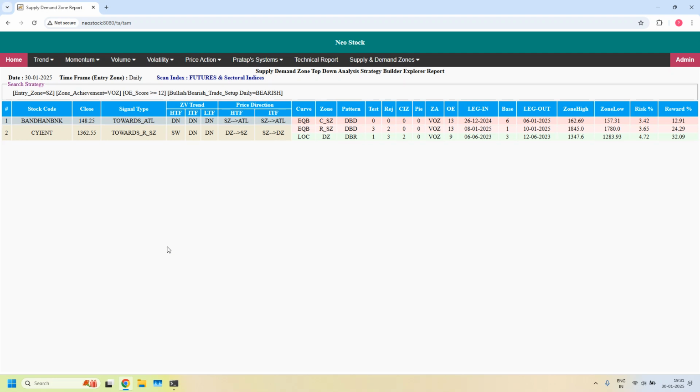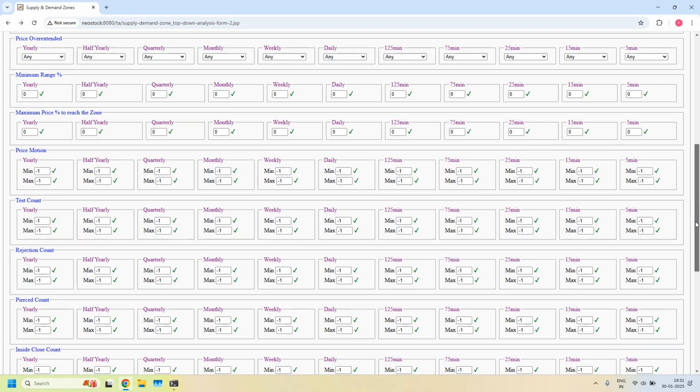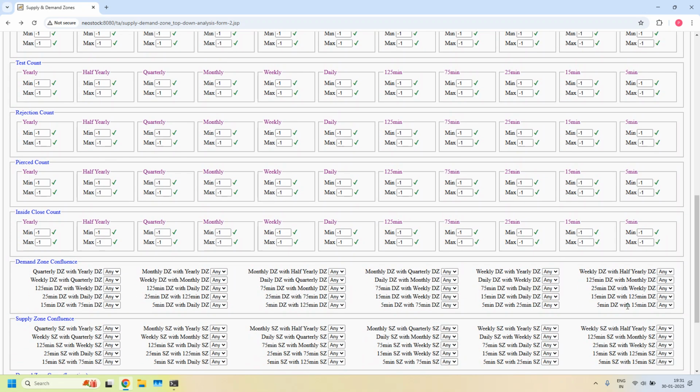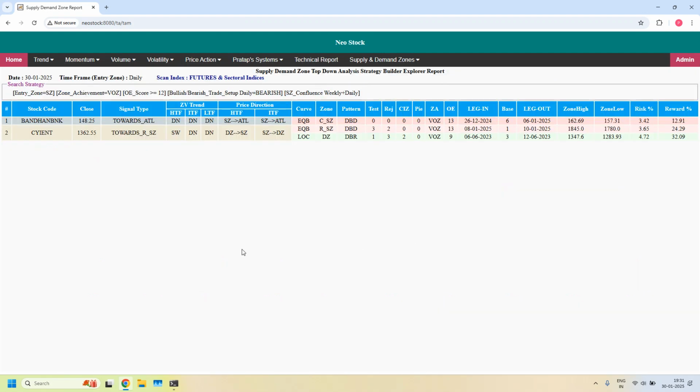Currently these two stocks are supporting bearish trade setup for monthly income trade. Let's further filter these two stocks based on the zone confluence, that is daily and weekly supply zone confluence. I am enabling that filter. So with this filter we got both the stocks.